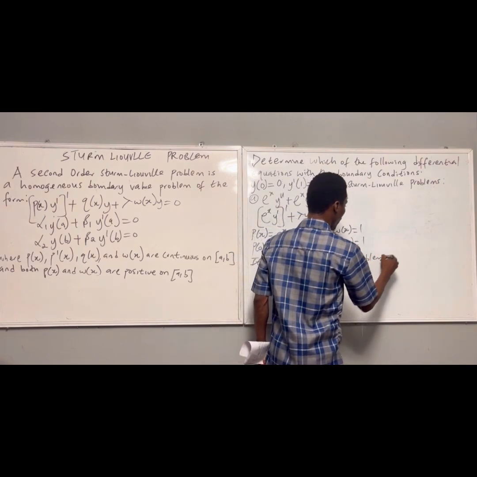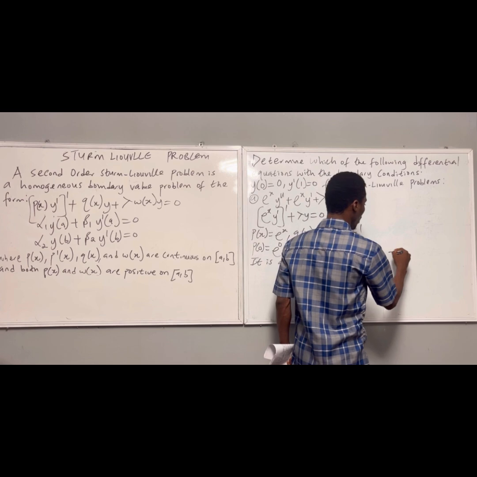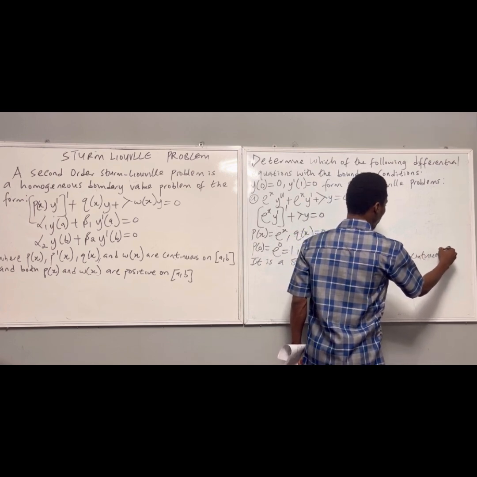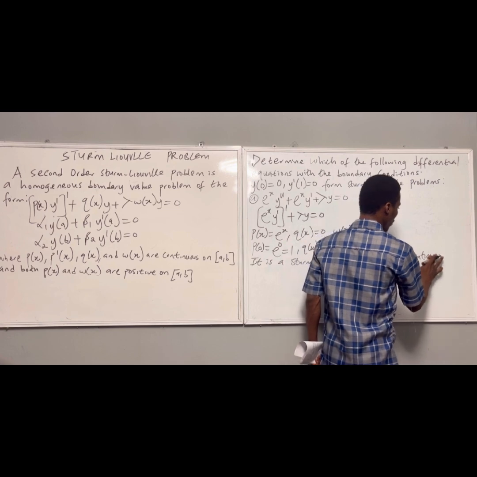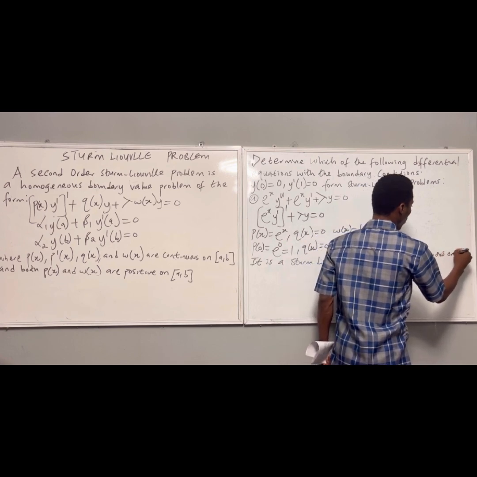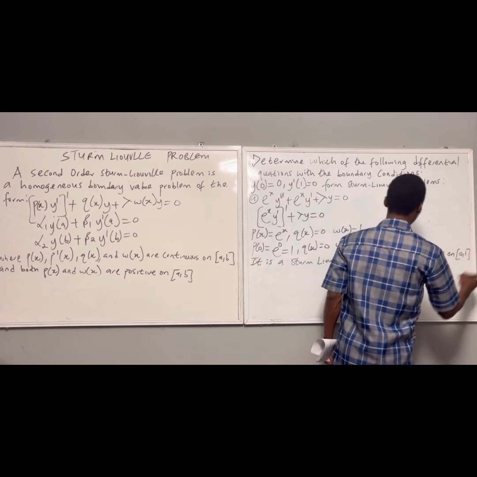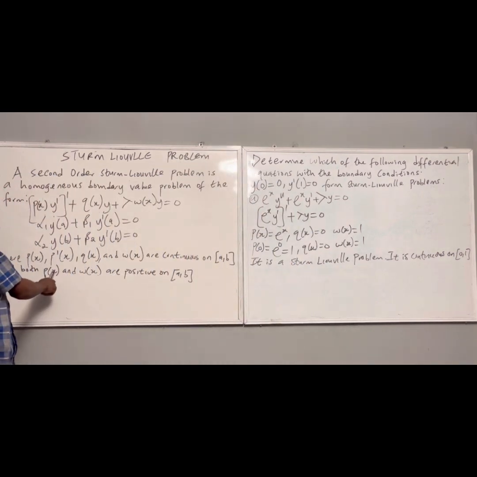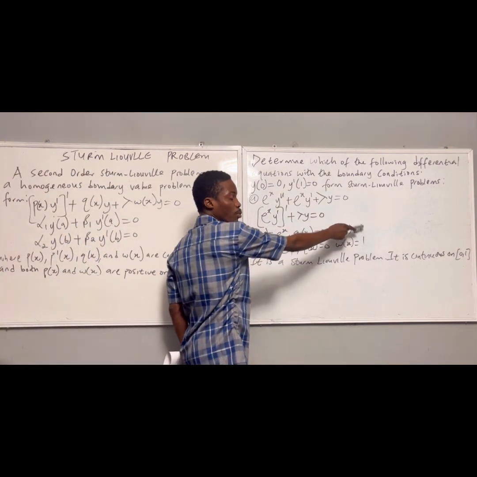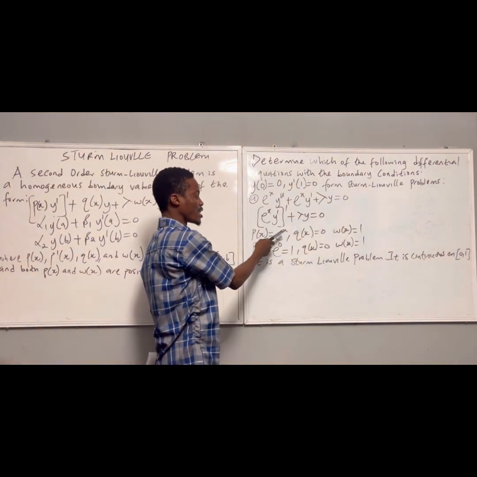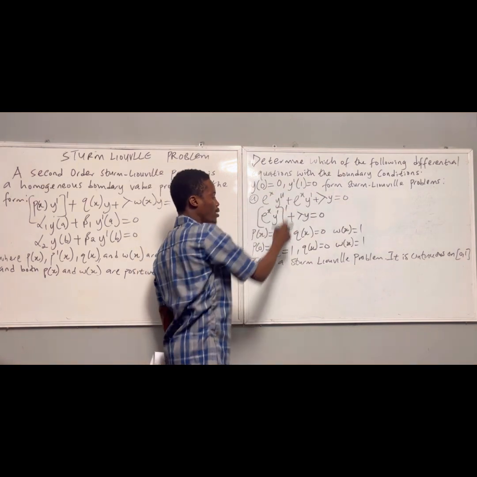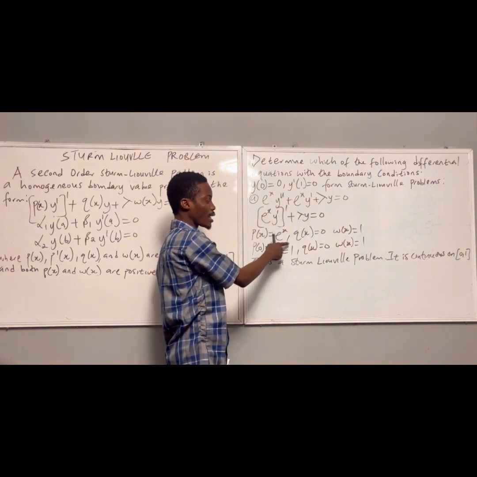It is continuous on 0, 1. Remember that this statement said that p of x and w of x are positive. You can see that w of x is already positive, 1, and p of x is e to the x.